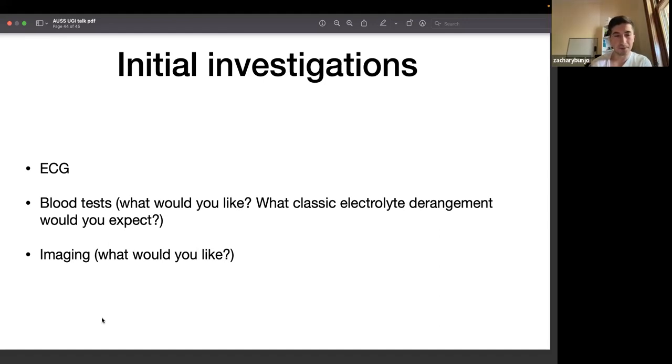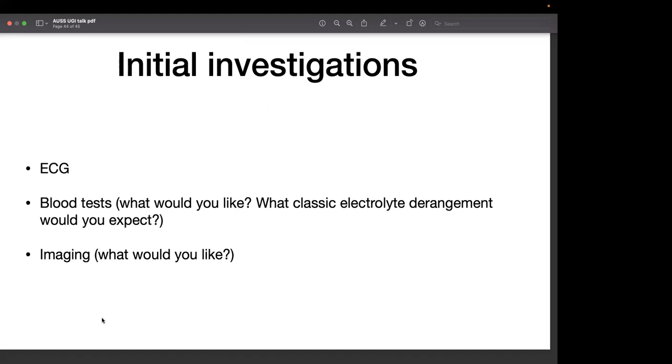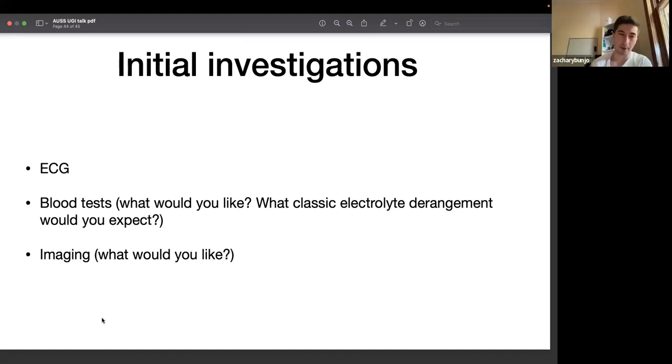And what's your initial management going to look like? Nasogastric tube insertion, fluid resus. Perfect, spot on. So pretty aggressive fluid resuscitation, as they're going to be quite deplete. What would your choice of fluid be? What's a pretty good fluid to pick in this setting?